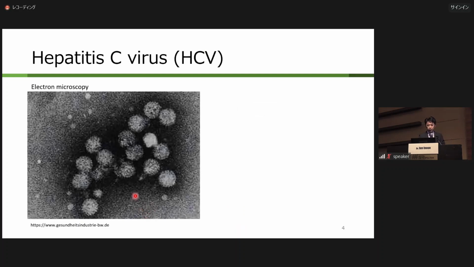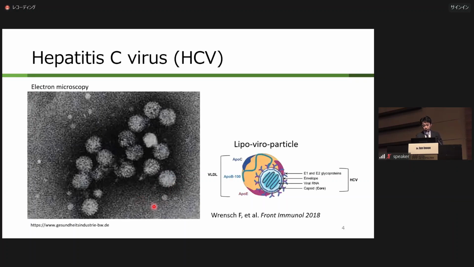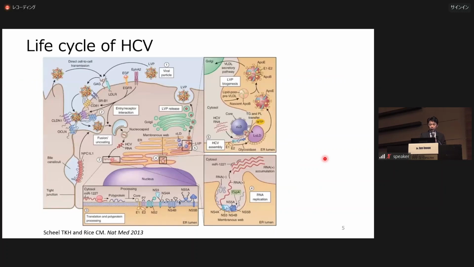Hepatitis C virus is round-shaped and the diameter is about 60 nanometers. It's present in the blood with lipid, and this is called lipoviral particle. This cartoon shows the life cycle of HCV.